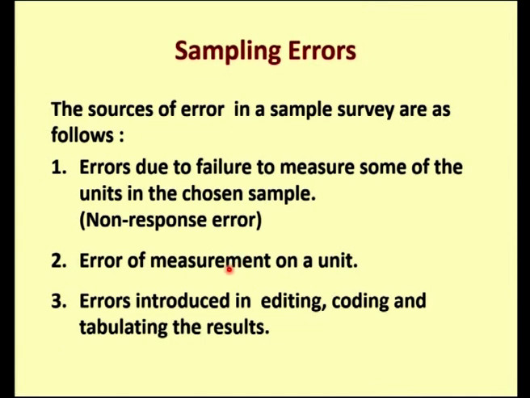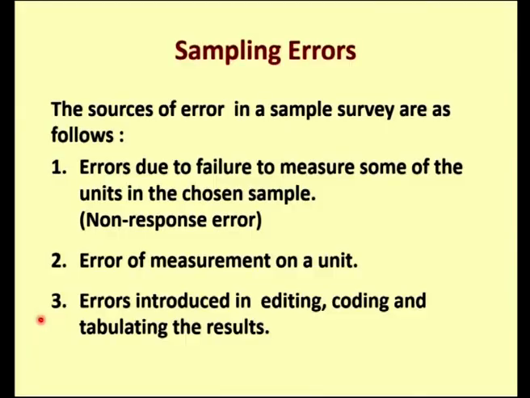And the second error is the error of measurement on a unit. The measuring device may be biased or imprecise, and with human populations the respondents may not produce accurate information or they give biased answers.